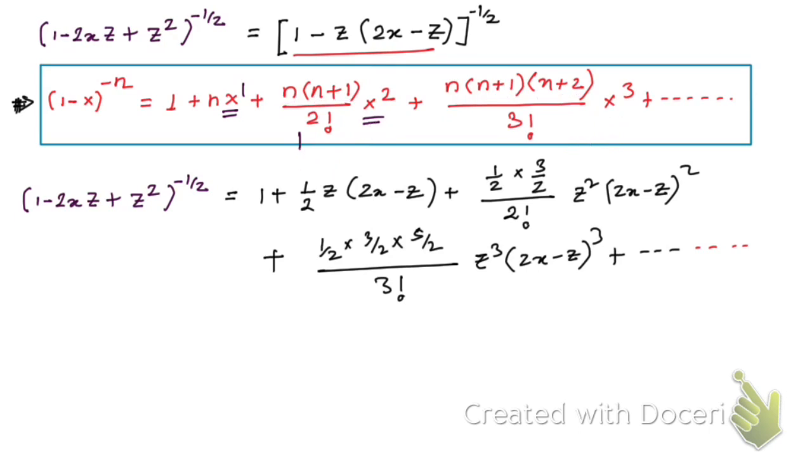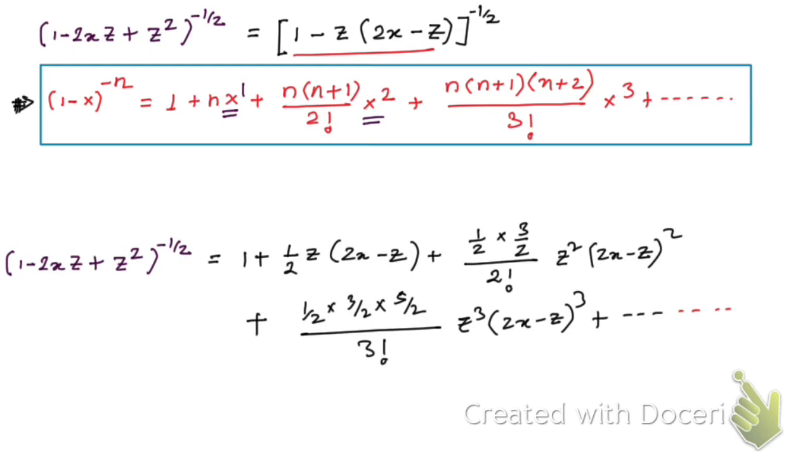So here you see, in this expansion, if you want to write the term containing x to the power n, in that case, if we have cube here, then we have factorial 3, so here we're gonna have factorial n.